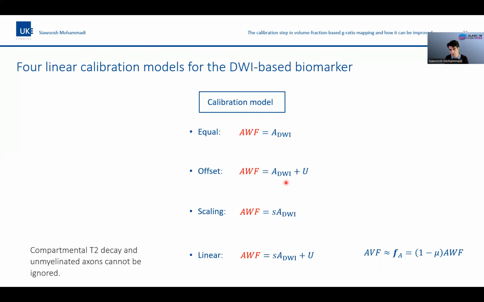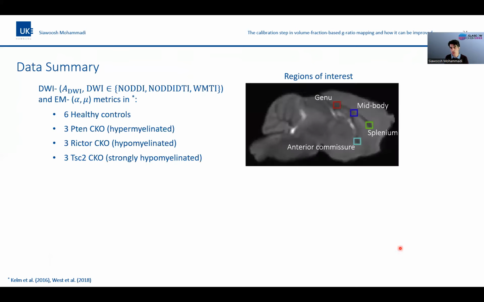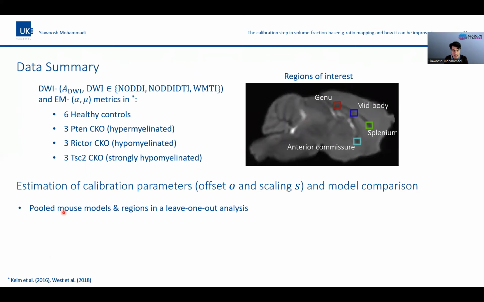Now we basically plug in these different models in order to estimate a proxy for the axonal volume fraction, and we will compare this MRI-based axonal volume fraction, which we call FA, to the histological one using the same data as before.